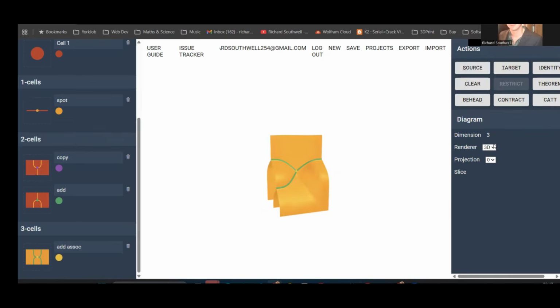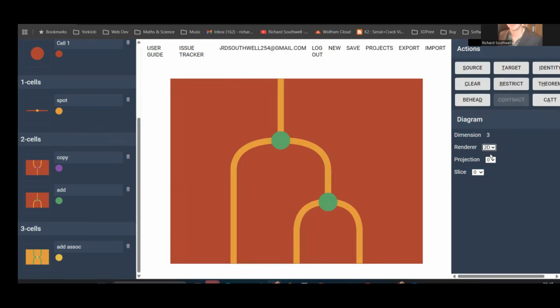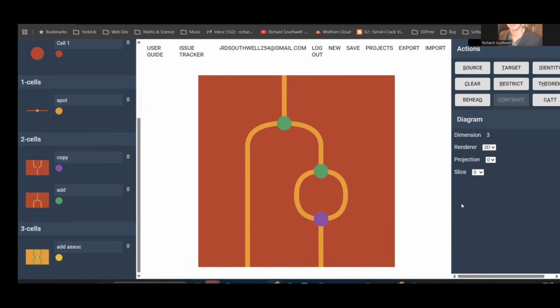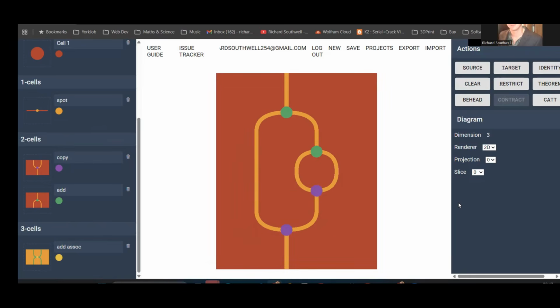And so if we go back to this and we have a look at this in 2 dimensions, well, what we can now do is something like this. We click down here and we're going to include a copy. And now we're going to click down here and we're going to include another copy.